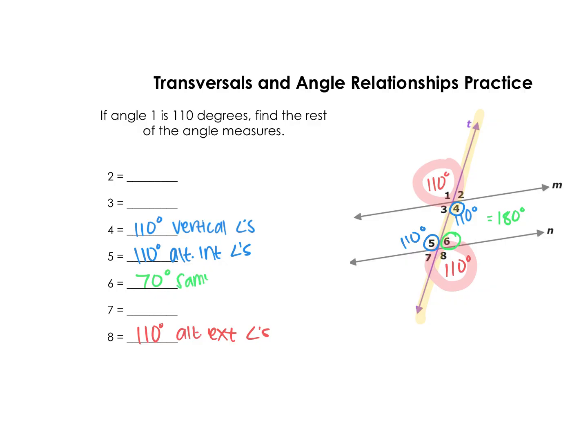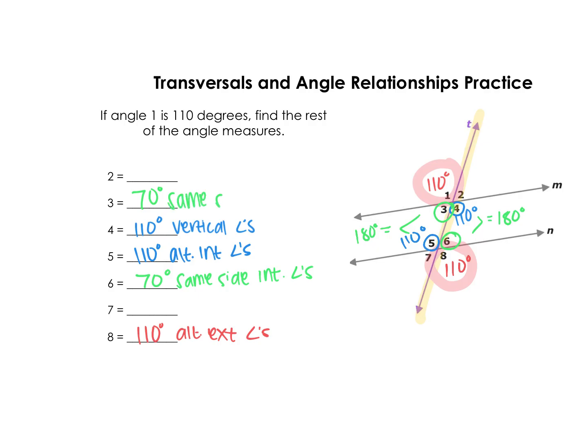And again, that was the same side or the consecutive interior angles. We could do that same idea actually for angle 3 as well. We could say that these ones added together should equal 180, which would also be making angle 3 70 degrees.